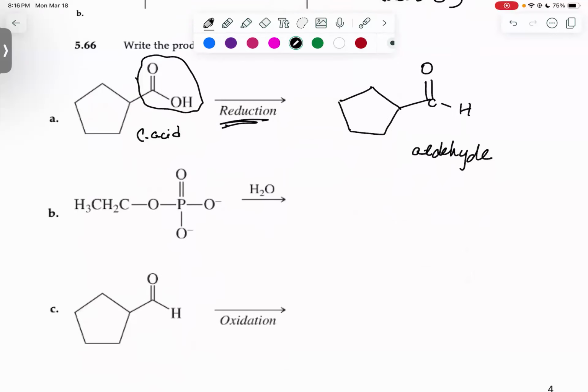Okay. So let's try another one. Oh, this one we're adding water. So what kind of reaction happens when we add water, when we go through a hydration reaction, right? So if I look, I'm looking for something that has an oxygen, right? And then we're trying to break this molecule apart.